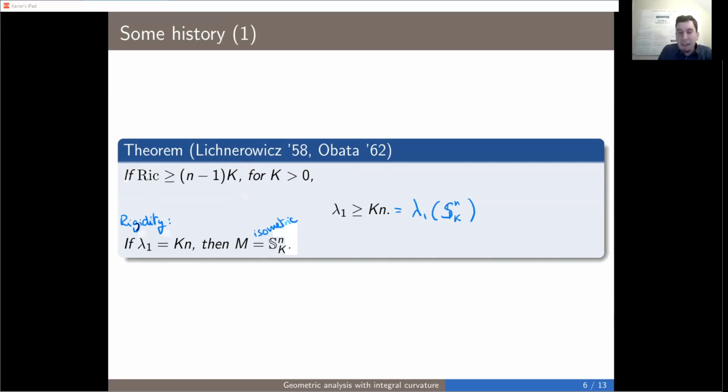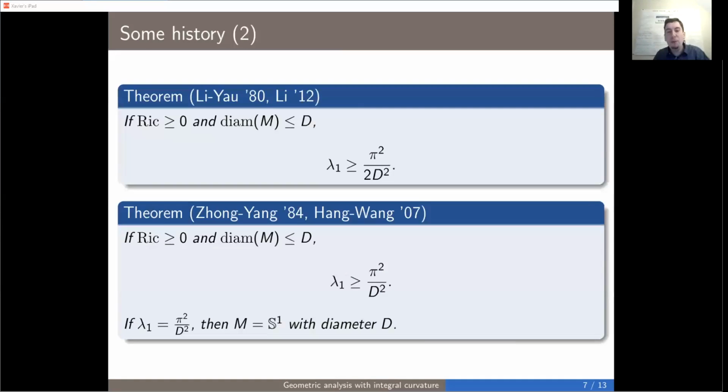But it doesn't tell us anything when k is 0. If we are comparing it, for example, to Euclidean space, then this is only telling us that lambda 1 would be non-negative, which we already knew. So if you want to be able to prove some kind of lower bound on lambda 1, you're going to need an explicit assumption on the diameter of your manifold.